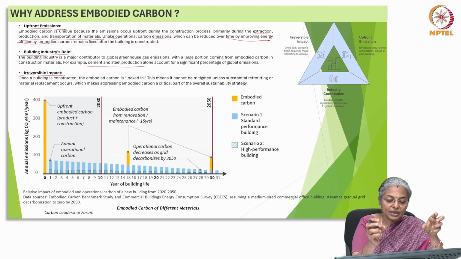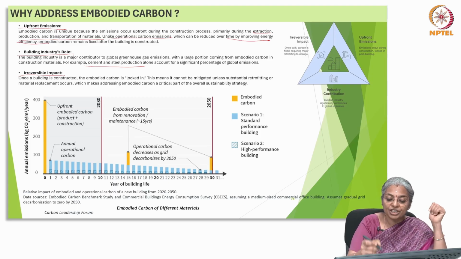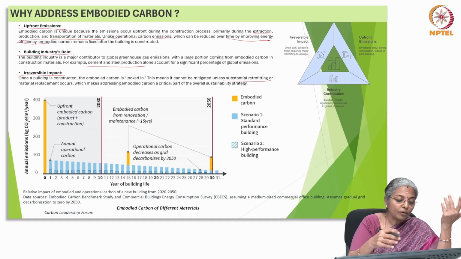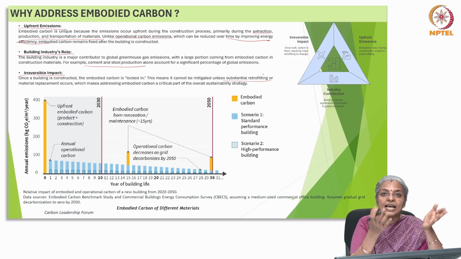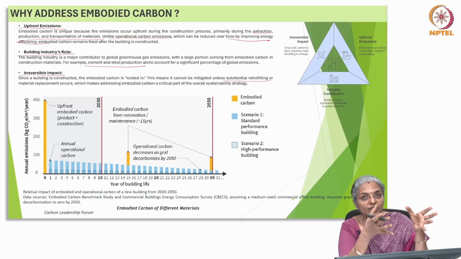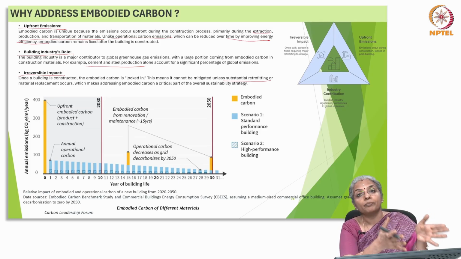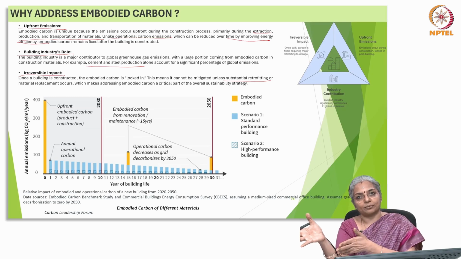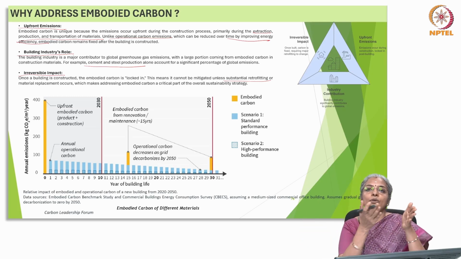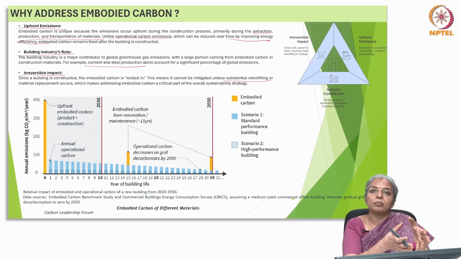And this means it cannot be mitigated unless you do substantial retrofitting or material replacement, in such a way that you take a large part of the material used in a particular building and use it somewhere else, and at the same time you replace that material which you have removed with a very low carbon material.